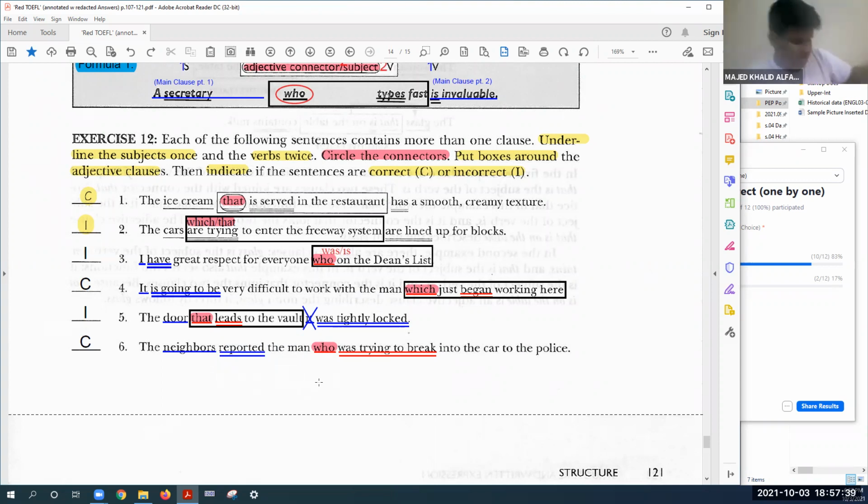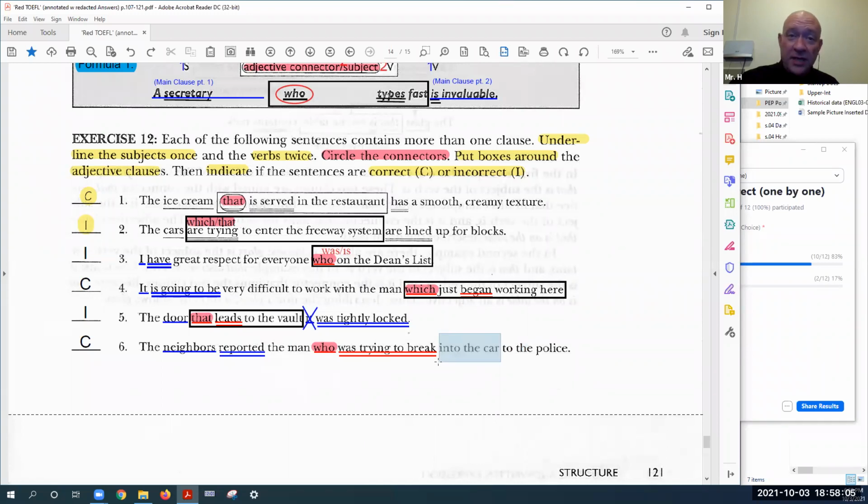I was confused with one thing at the last. I see it all correct, but I see the last 3 words. I was confused: into the car to the police. All right, but you have to remember your prepositions, right? This is a prepositional phrase.